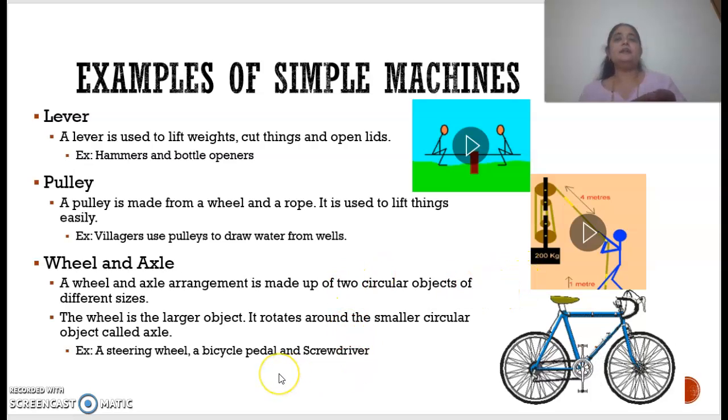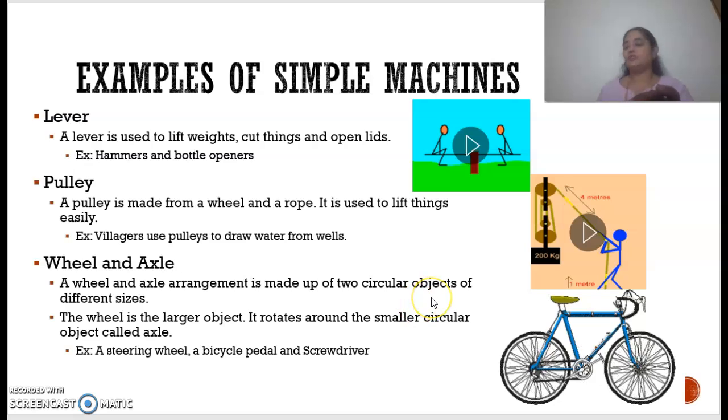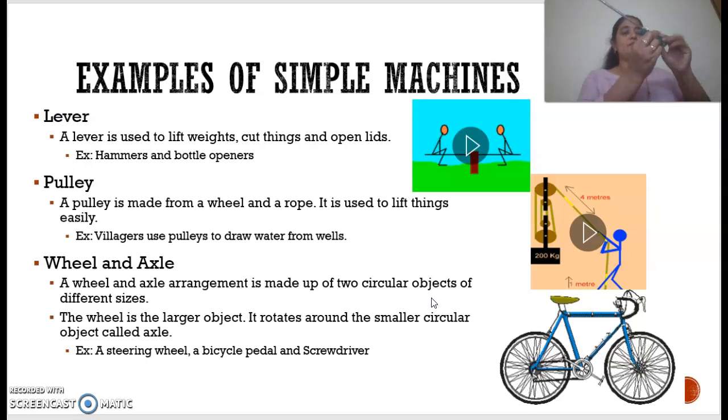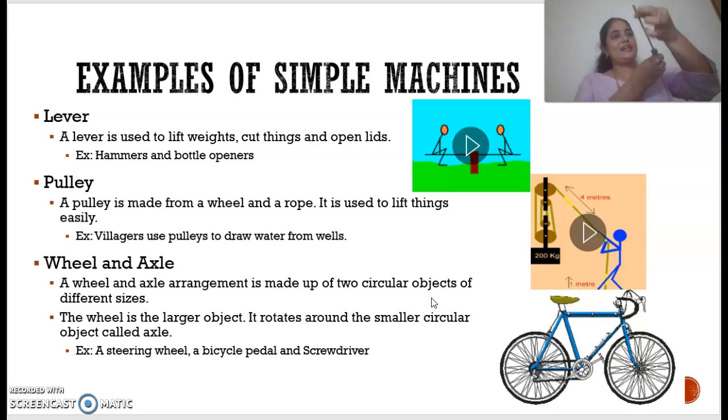The third example of simple machine is wheel and axle. Wheel and axle arrangement is made up of two circular objects of different sizes. I'll show this one. You have seen this screwdriver. Screwdriver is an example of wheel and axle. So this part is called the wheel. When I'm rotating this one, the axle which is attached to the wheel is also getting rotated.